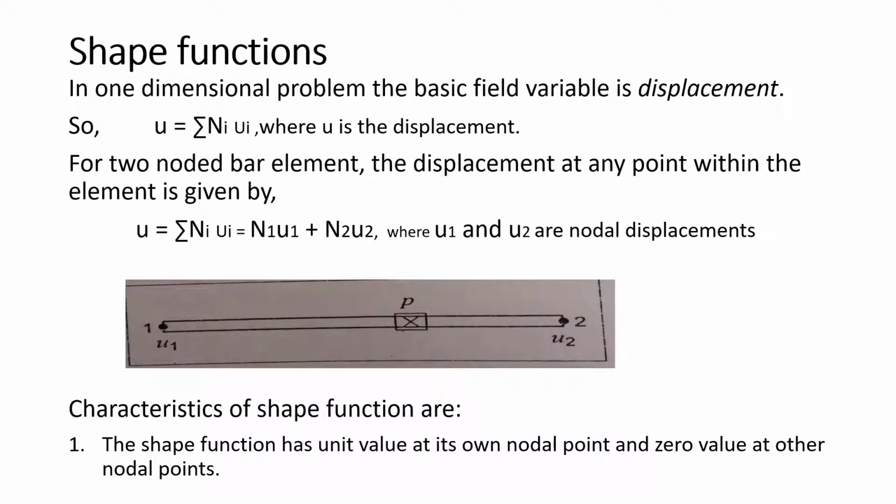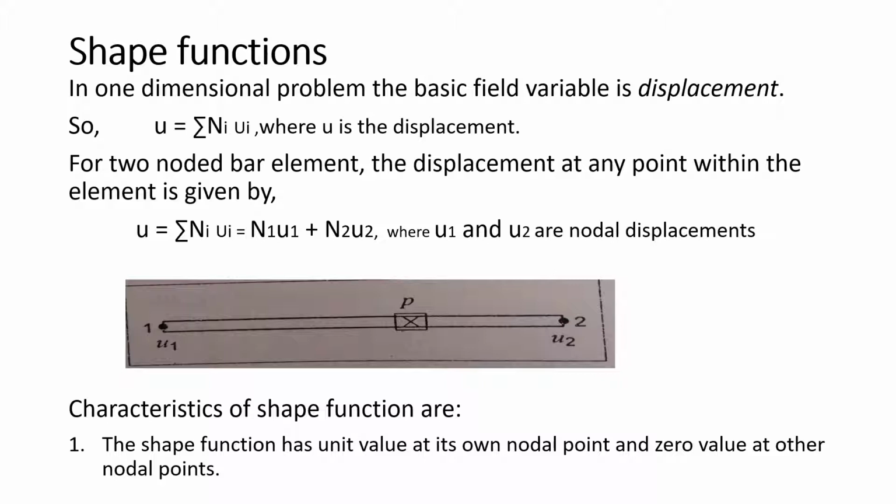In a one-dimensional problem, the basic field variable is displacement. So we can write the general equation u is equal to sigma Ni ui, where u is the displacement at any point other than the node. For a two-noded bar element as shown below, the displacement at any point within the element is given by u is equal to sigma Ni ui, that is equal to N1 u1 plus N2 u2, where u1 and u2 are nodal displacements that we will directly get from the analysis.